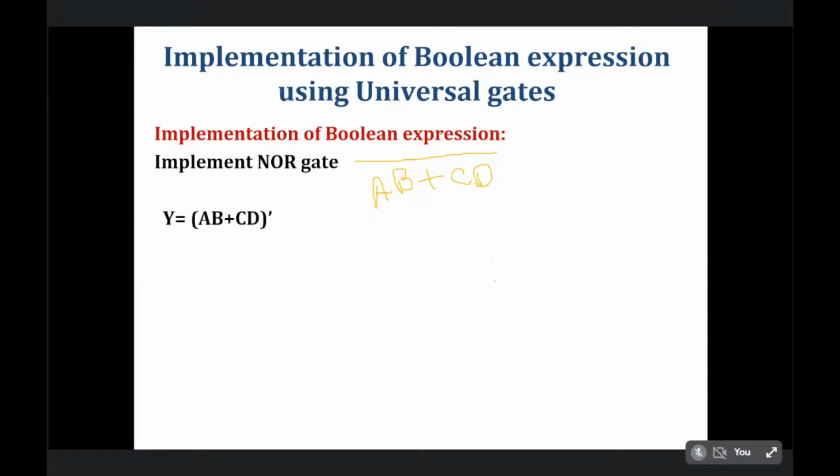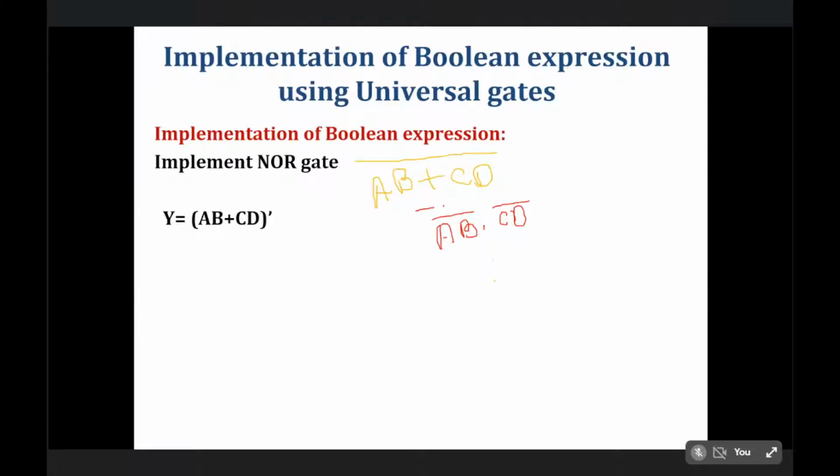Okay. First, we need to convert this into the NOR implementation. So to do so, what we have to do? We have to convert this AB plus CD. So AB will be converted into AB bar and CD whole bar. Now what we have to do?